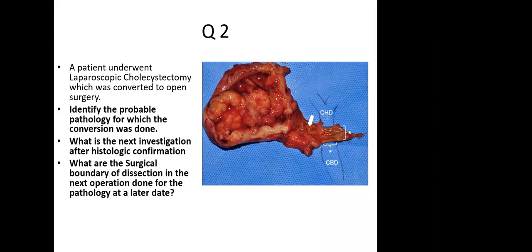Okay, right enough. What is the next investigation after histological confirmation? Sir, after histology, I want to go with the CECT whole abdomen to know any hepatic or peritoneal involvement. Okay. CT is for what?